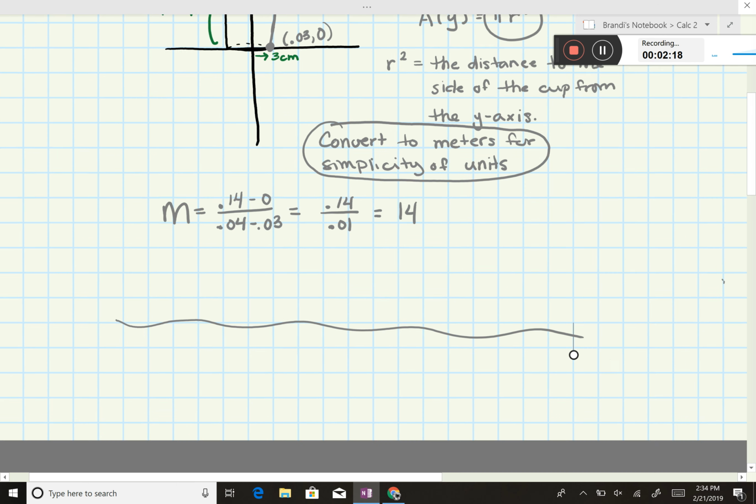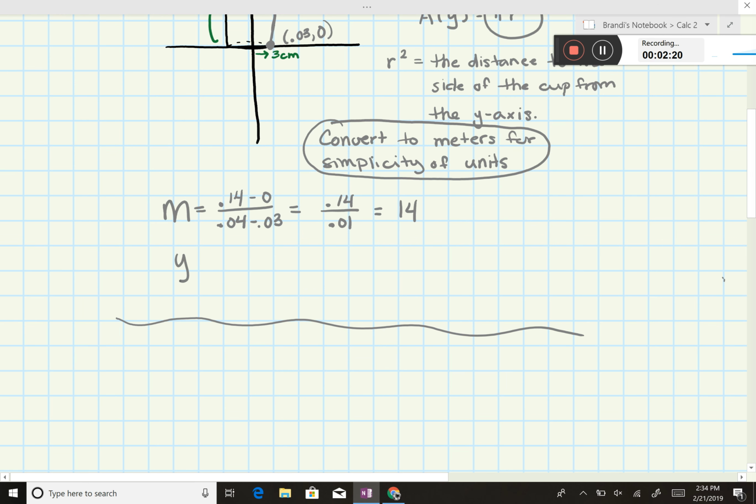So using our m, we can use our y minus y1 is equal to m times x minus x1 equation. So y minus 0 is equal to 14 times x minus 0.03. And we would distribute. That would give us y is equal to 14x minus 0.42.